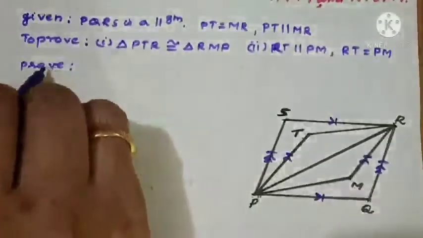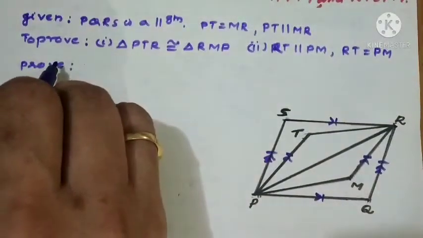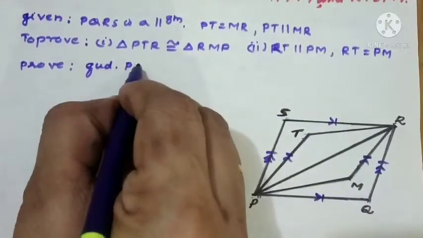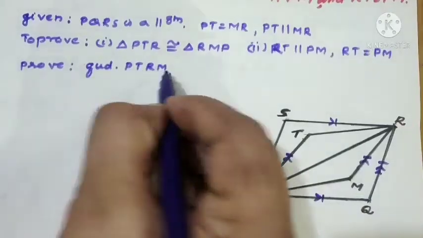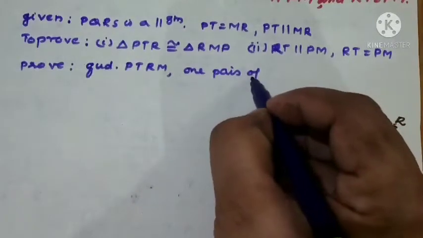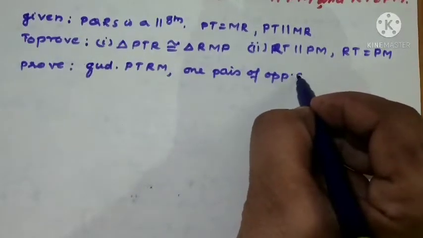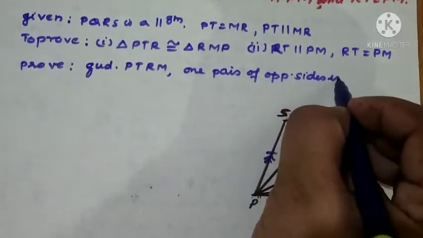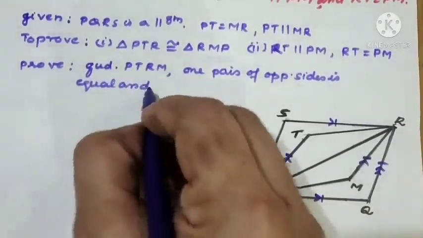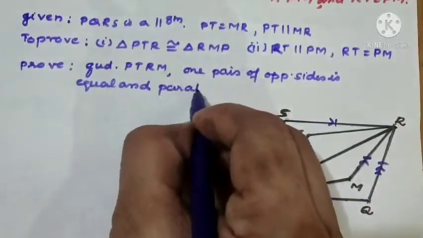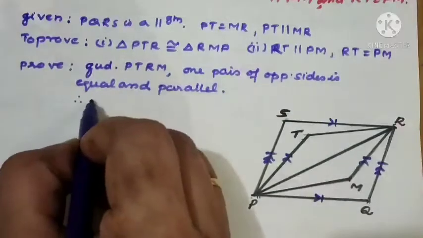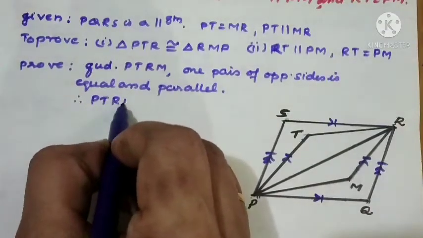So what we can write: in PTRM, one pair of opposite sides is equal and parallel. Therefore, PTRM is a parallelogram.